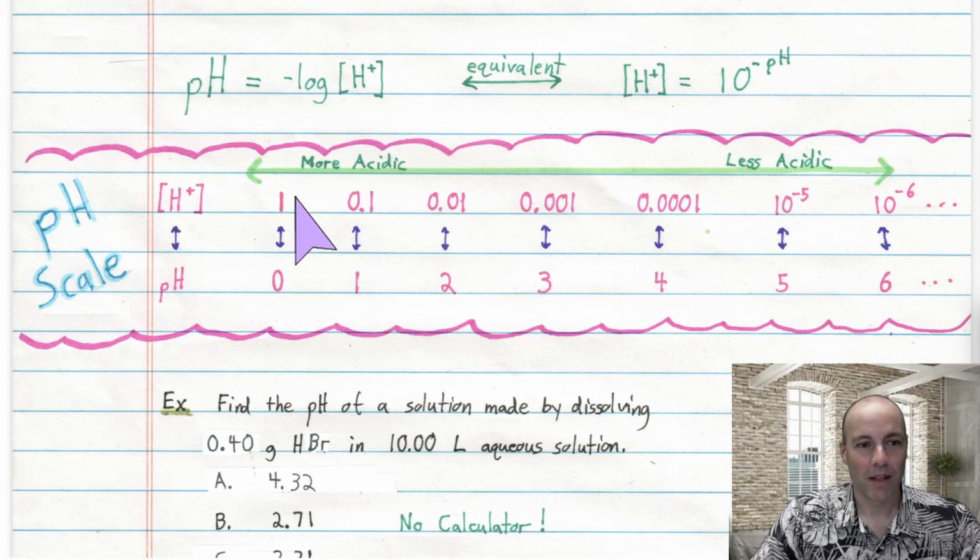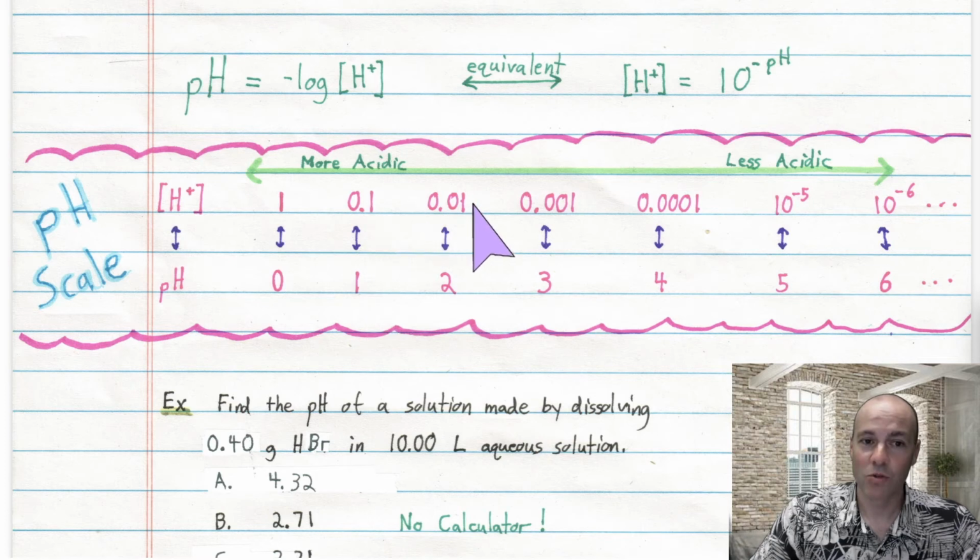Suppose your proton concentration is 1 molarity. That's a lot of proton concentration. That is pH 0. If your proton concentration is 0.1 molarity, that's pH 1. So, if it's 1/10 of this, then the pH goes up by 1.